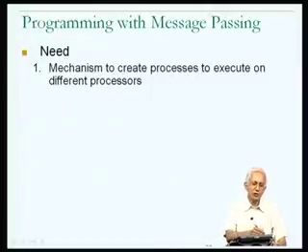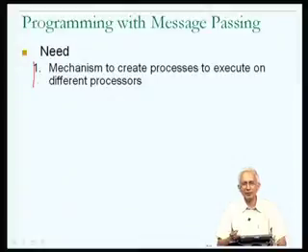Therefore, we probably need to assume that a mechanism to create the processes to execute on different processors should be made available. This is not something that we would want to do by hand.